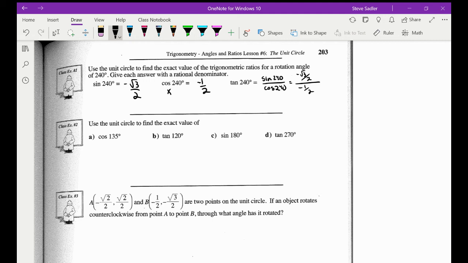And hopefully you remember that when we divide fractions, we can do the keep, switch, flip. So that can be the same as negative root 3 over 2 multiplied, and then I flip those last ones to be negative 2 over 1. Negative times a negative will create a positive answer. And then you have 2 over 2 that cancels. So we're just left with root 3 over 1 or root 3.